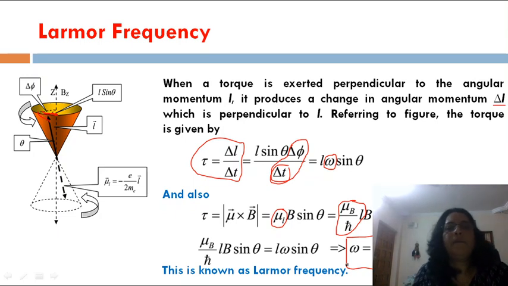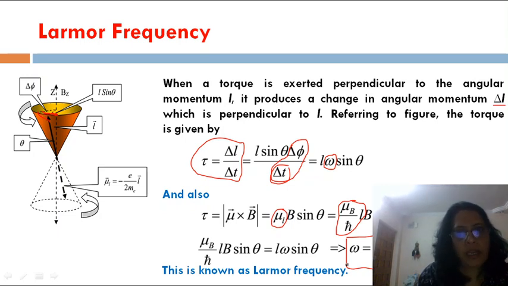So what happens if we apply the external magnetic field? Then Larmor precession occurs, precession perpendicular to the direction of the magnetic field, and the frequency or velocity is given by this value.